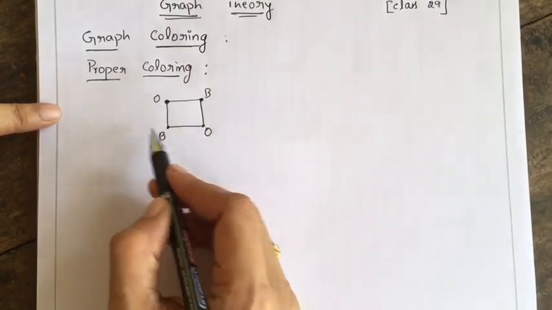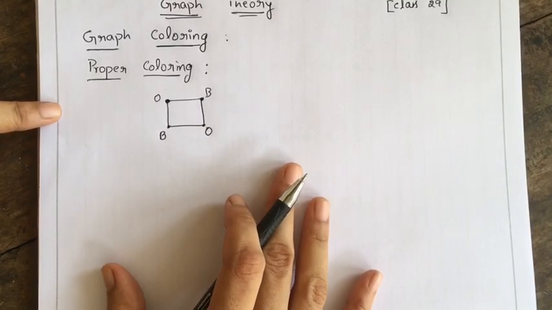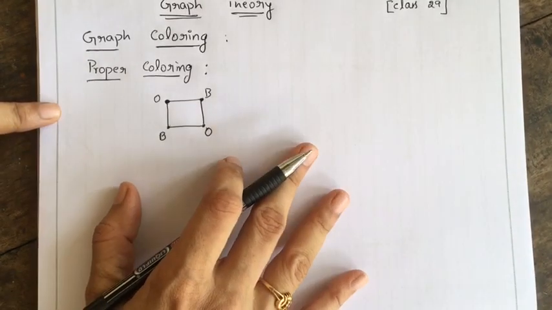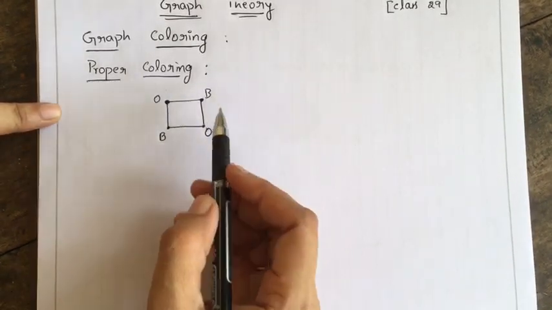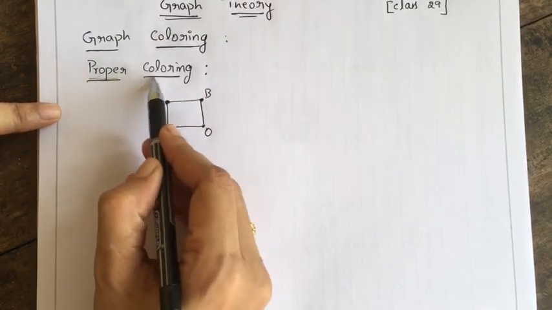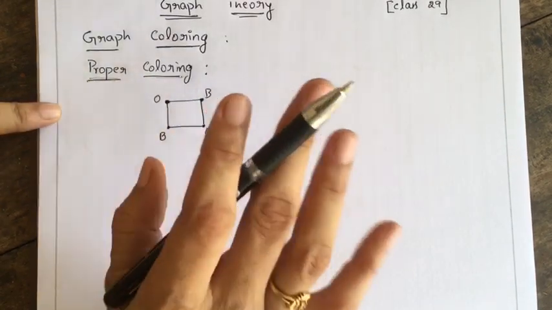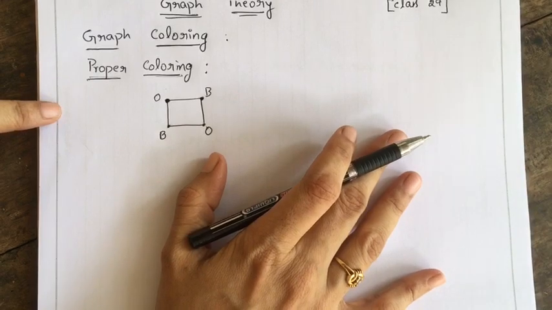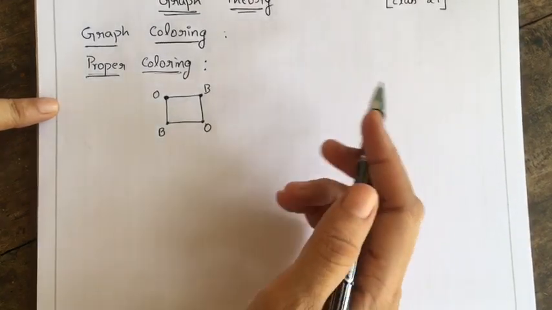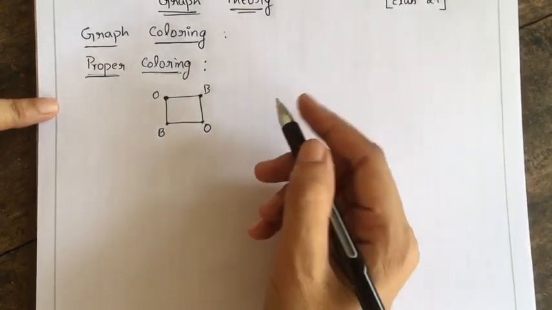In fact, we are doing vertex coloring. A graph in which every vertex has been assigned a color according to this proper coloring is called a properly colored graph.